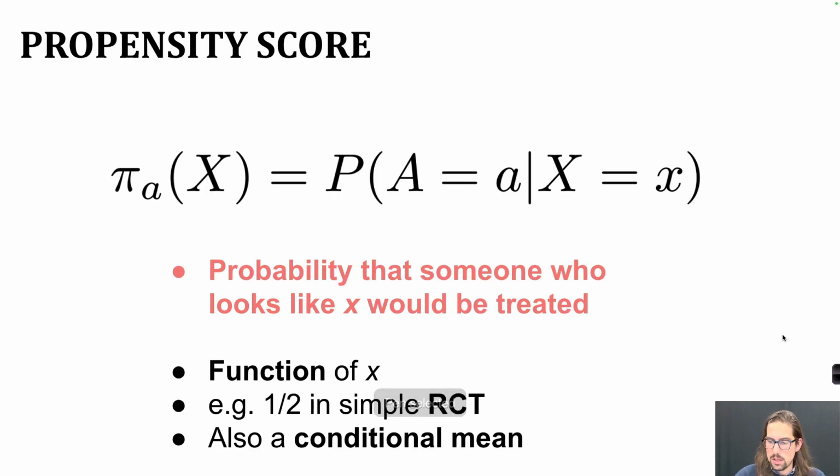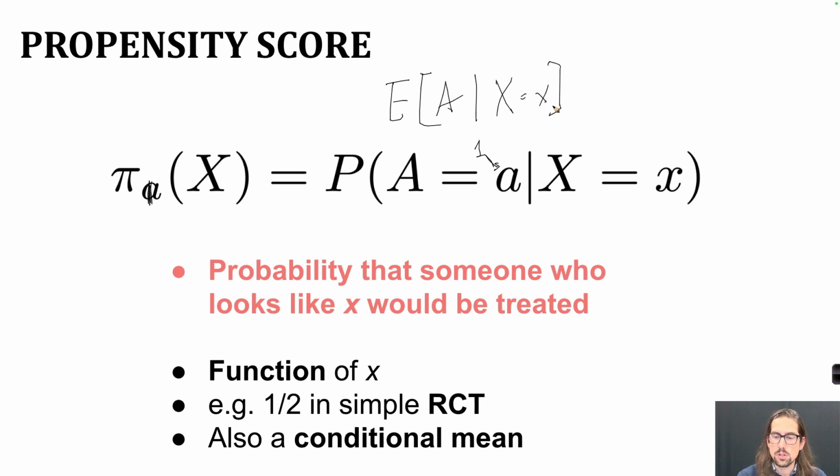So for example, if little a is 1, then pi 1, which is what people normally mean when they say propensity score, the probability of treatment, is just the expected value of a given x.